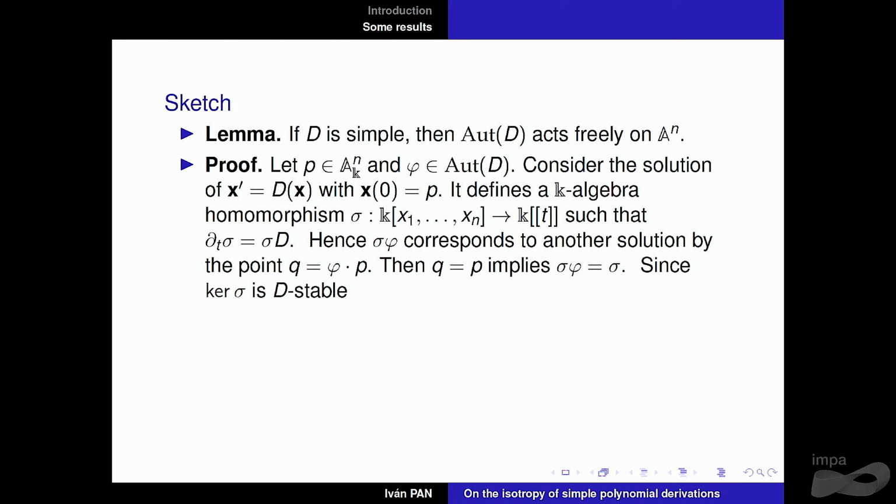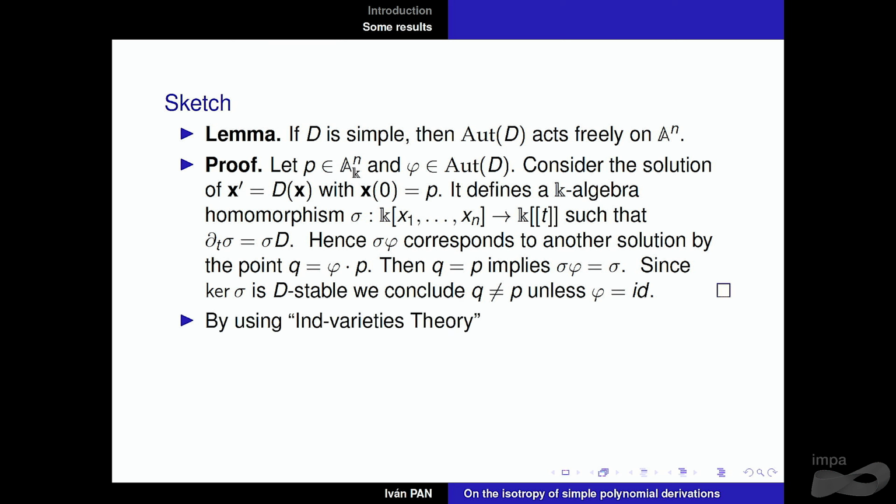Okay? And then this is stable, but D is simple. Then the only possibility is that the ideal is trivial. This kernel is trivial. And then phi is a one-to-one homomorphism, which implies that phi is the identity. Then the isotropy acts freely on A^n.